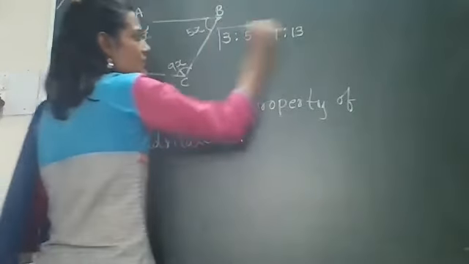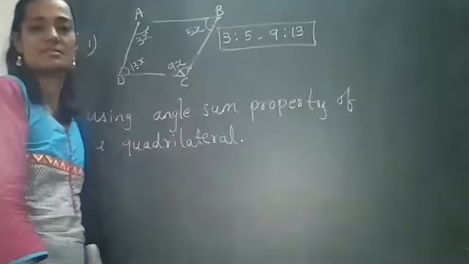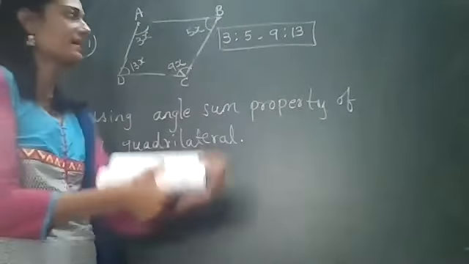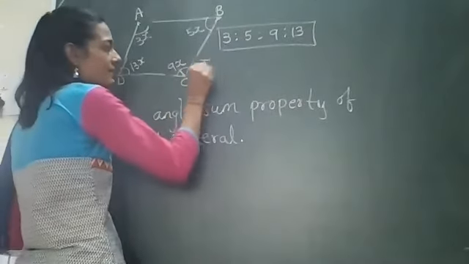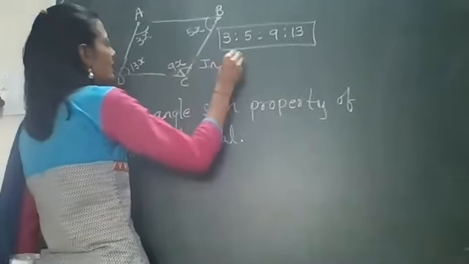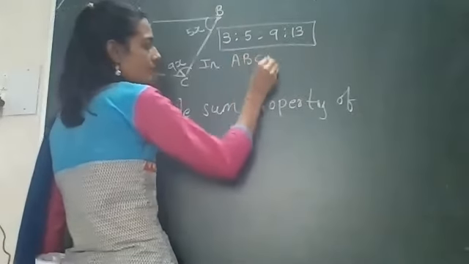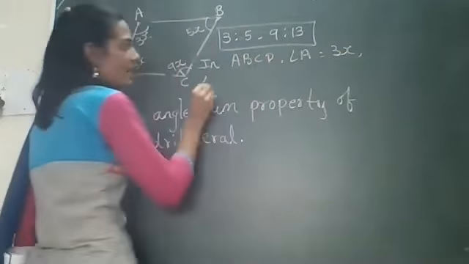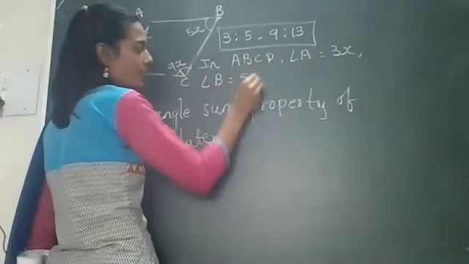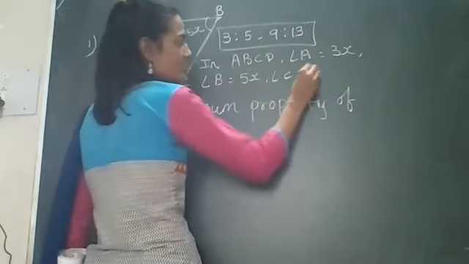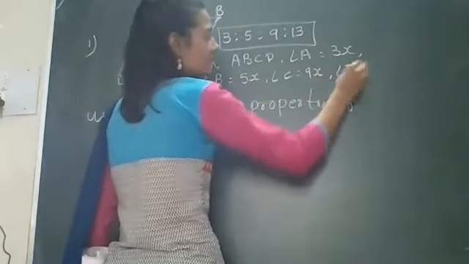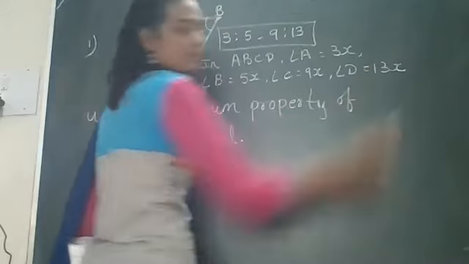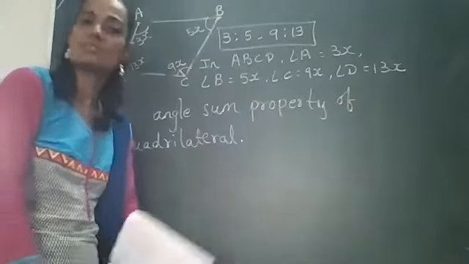So what will we write? In quadrilateral ABCD, angle A is equal to 3x, angle B is equal to 5x, angle C is equal to 9x, and angle D is equal to 13x. That we have to assume first.